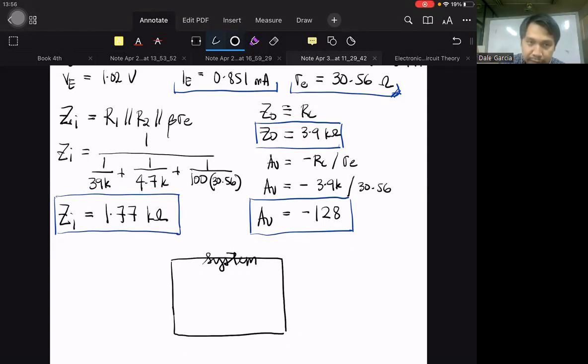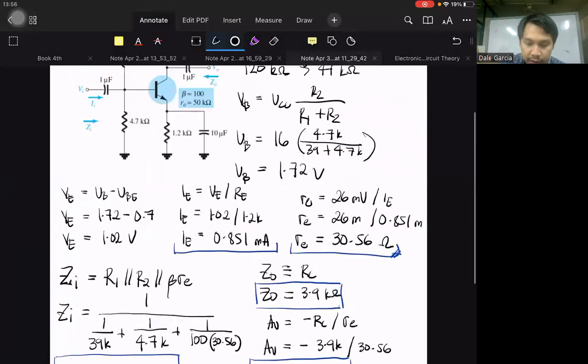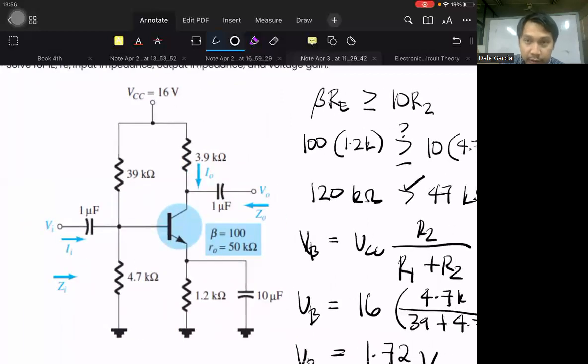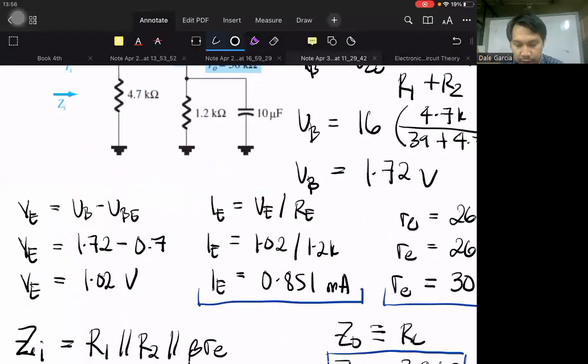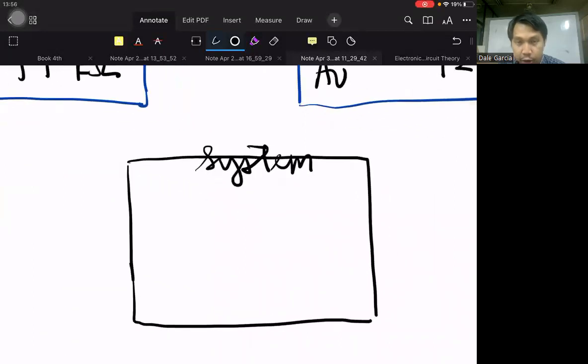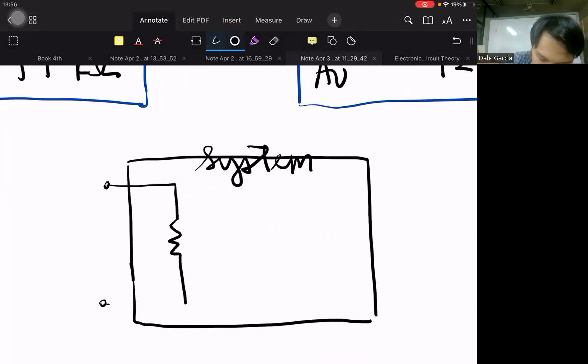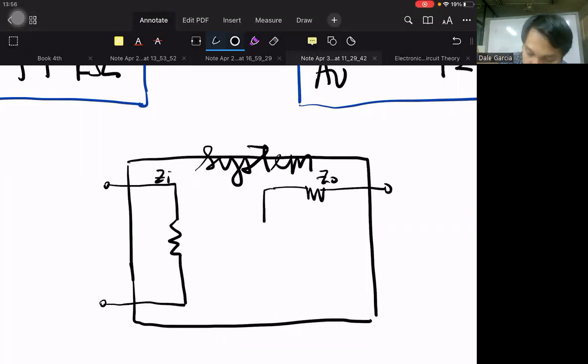Instead of the circuit inside our system, which is very complex and complicated, we will replace all of it with only this: one resistor, ZI, another resistor, ZO, the output impedance, and our voltage gain.